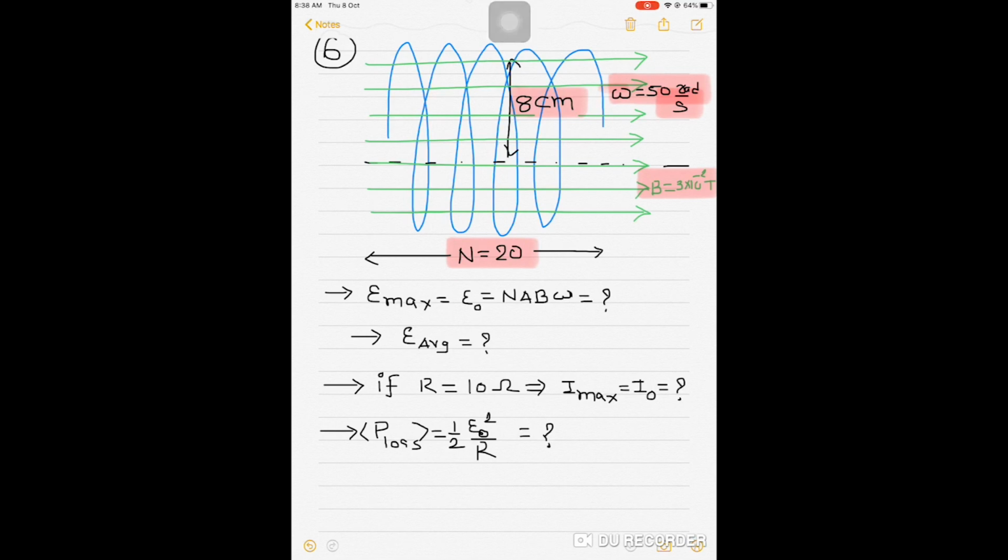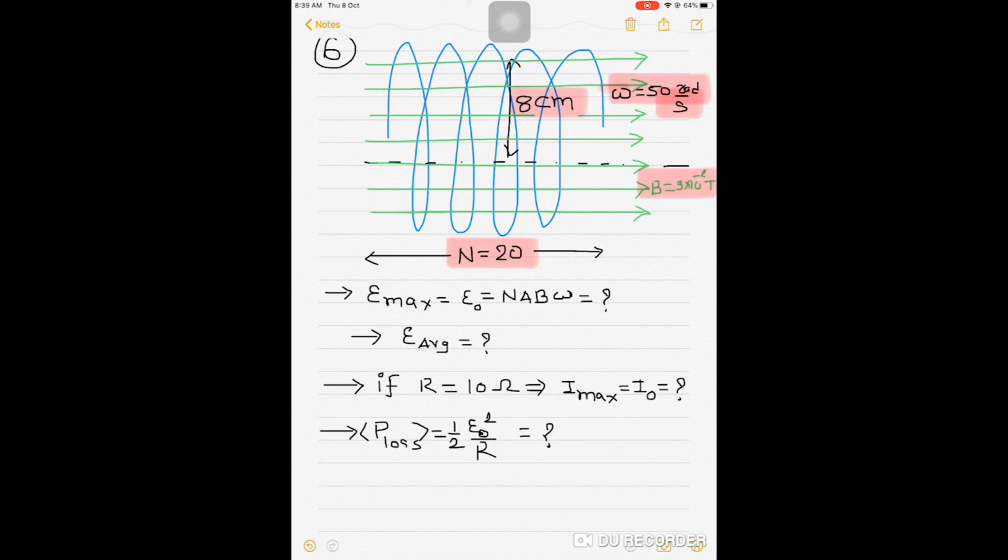Hello dear friends. Now we will see example number 6 of the exercise. Here we are given that a circular coil of radius 8 centimeter and 20 turns rotates about its vertical diameter with an angular speed of 50 radian per second in a uniform horizontal magnetic field of magnitude 3 into 10 raised to minus 2 Tesla.